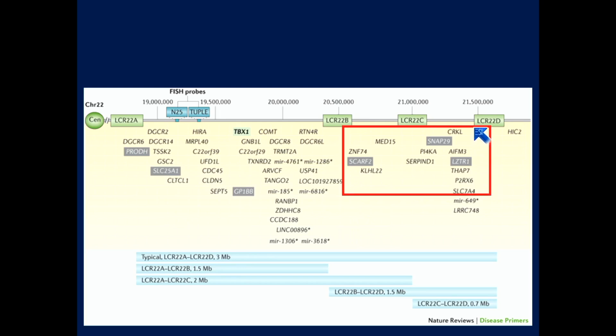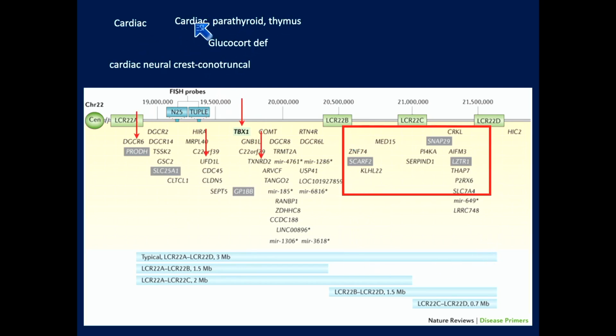This index patient we're talking about has a deletion in this area. But the genes for cardiac, conotruncal, neural crest all tend to fall within that A to B region that she does not have a deletion for, which probably accounts for why there isn't a highly represented history of CHD in her family.